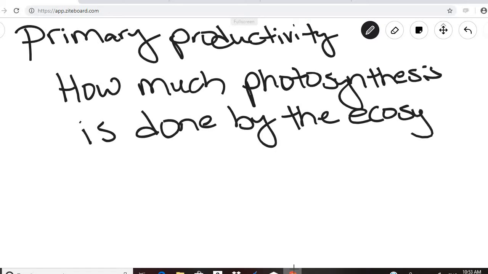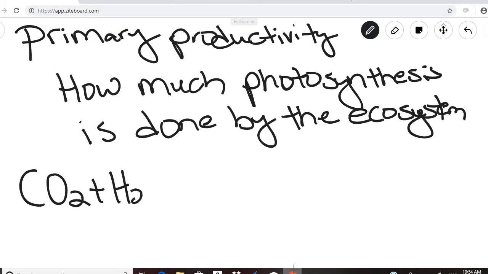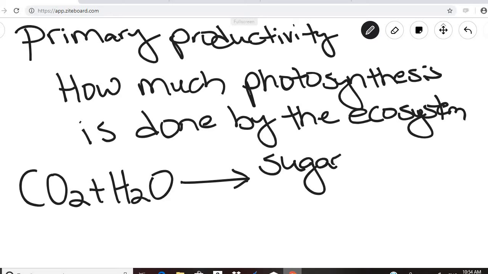And so if we want to look at the energy within an ecosystem, we look at photosynthesis, because photosynthesis is what provides the energy for the ecosystem. So as you know, photosynthesis is where we take carbon dioxide and water, and that gets converted into sugars plus oxygen, right?